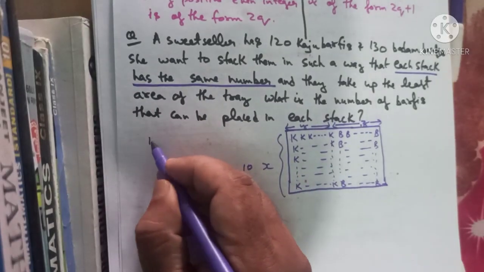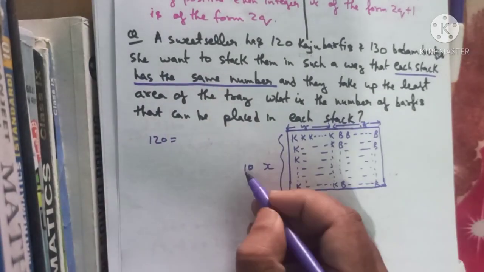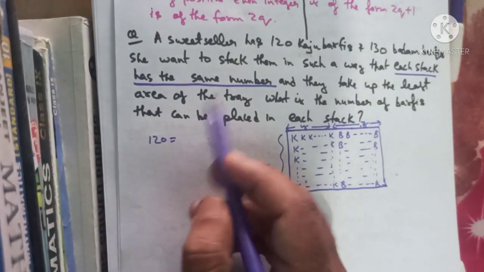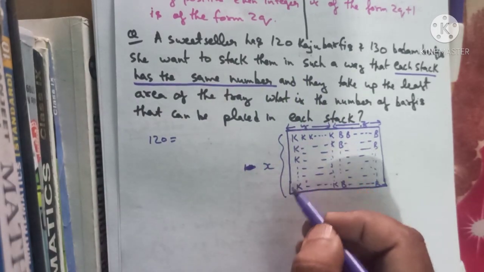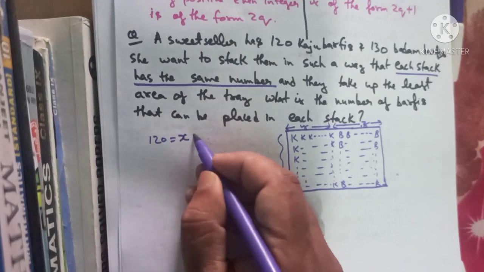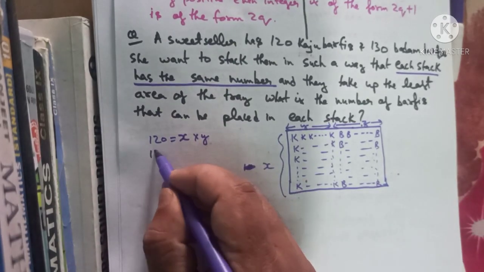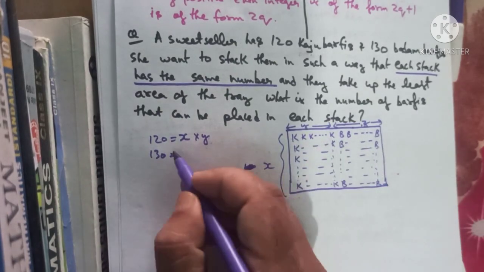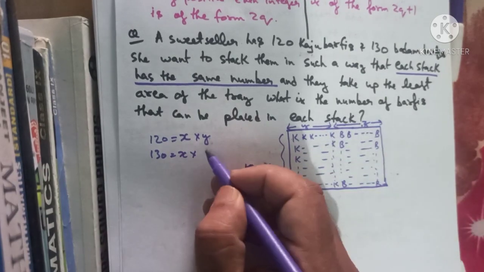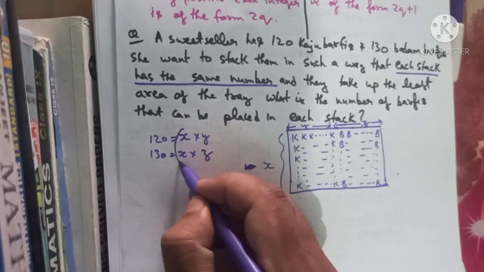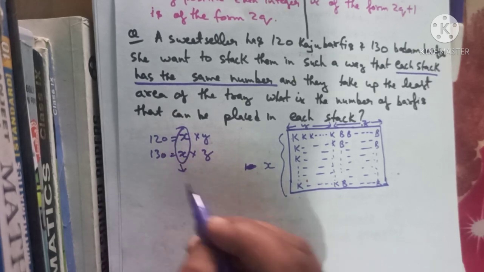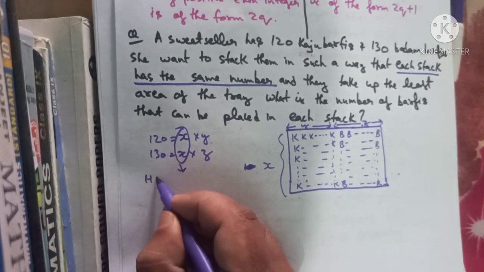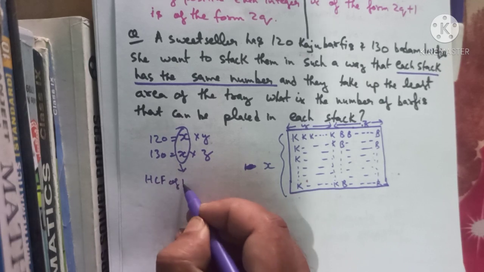So 120, the number of Kaju barfi, can be written as the product of number of columns times number of rows, that is x into y. Similarly 130 can be written as x into z. So here what is x? x is the common factor of 120 and 130, that is the HCF of 120 and 130.